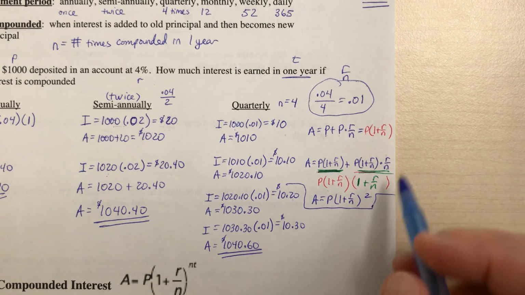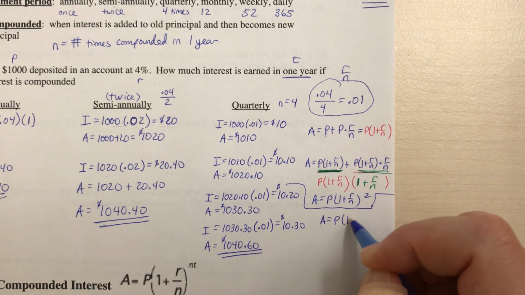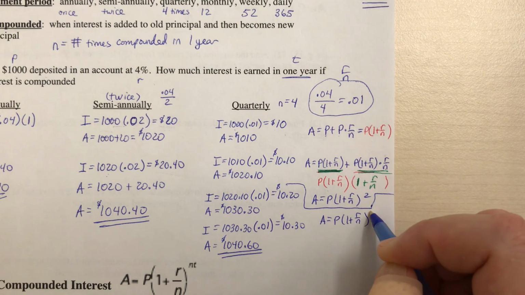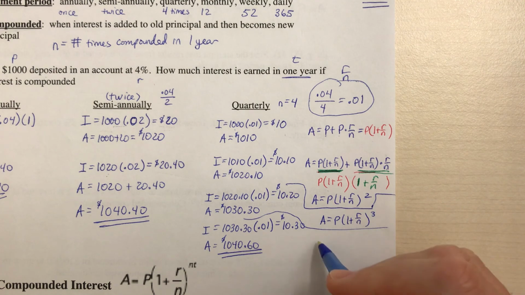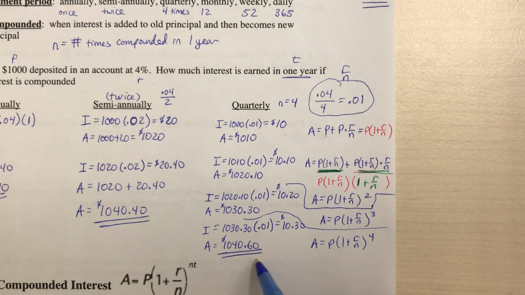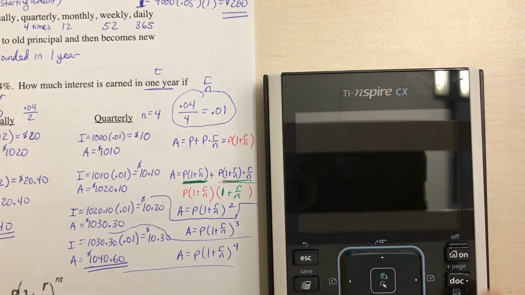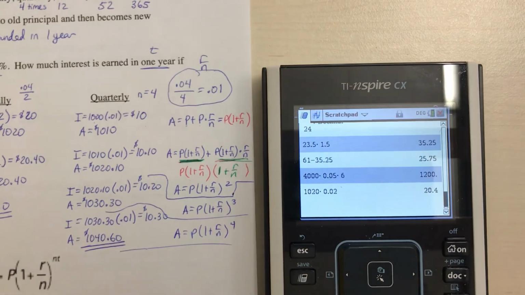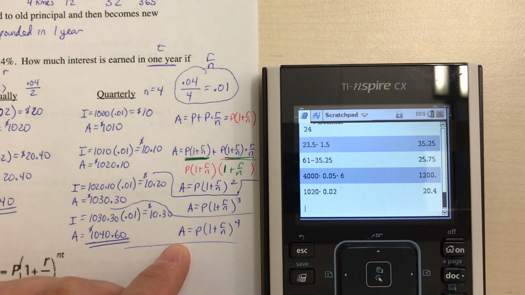Now, if I do this for the third time, we could keep going through this process, but what you will see is that the only thing that's going to change is the exponent will become the third power, and then finally, in the fourth quarter, this will go to the fourth power. Just to show you that these are actually the same, A is the amount.